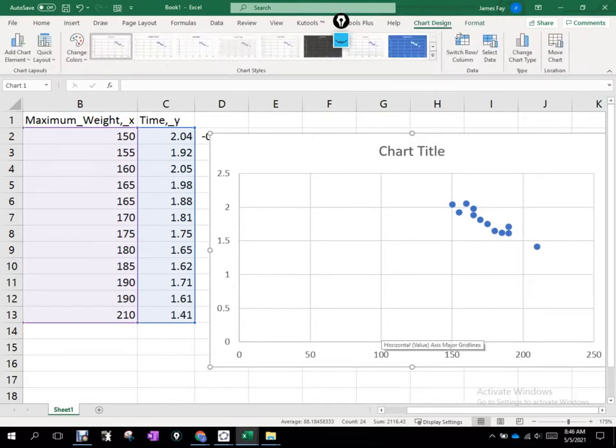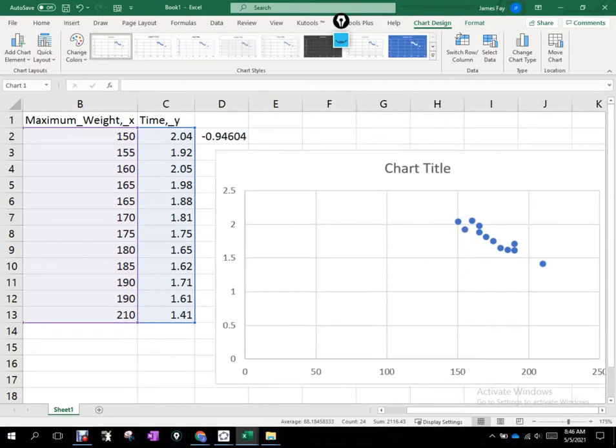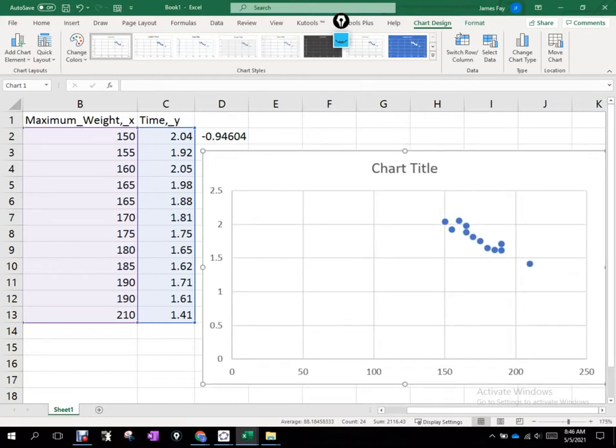It's not a perfect linear correlation, but it is linear, and we're seeing that with that -0.946 for our correlation coefficient. Does that make sense? Okay.